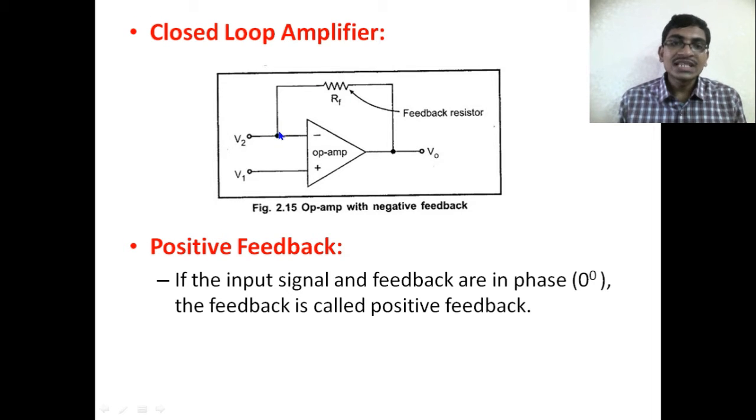So at this node we will have two input signals, one is V2, another one is the feedback voltage VF. If V2 and VF both are in phase, in the sense same polarity, that is called 0 degrees phase shift between the two signals, then that type of feedback is called positive feedback.